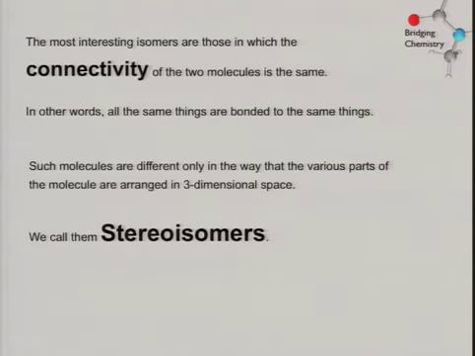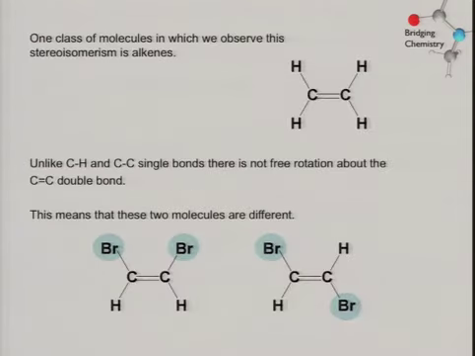And so we're going to see there's 2 different types of stereoisomers, both of which you may have seen, but one of which is very important for going on into later in the year. So, one class of molecules in which we observe this stereoisomerism are alkenes, compounds which have carbon-carbon double bonds.